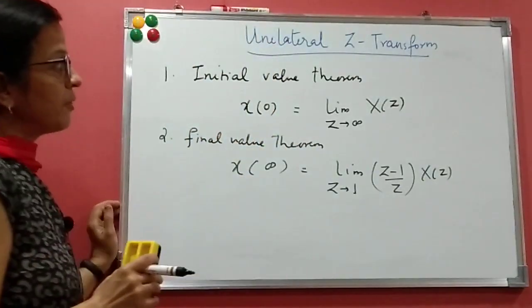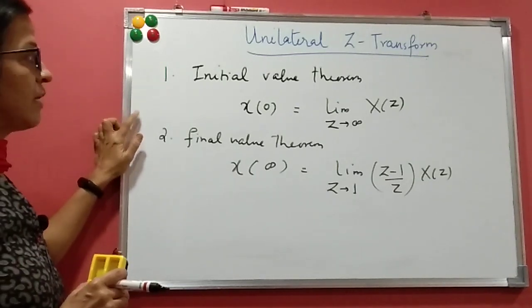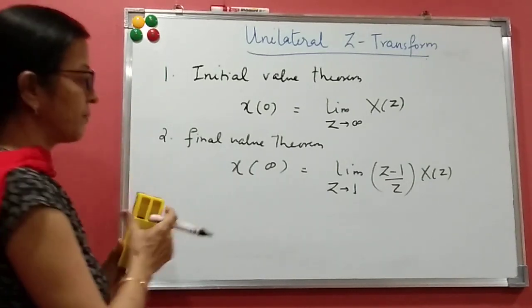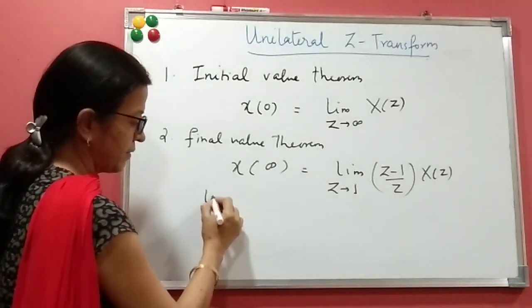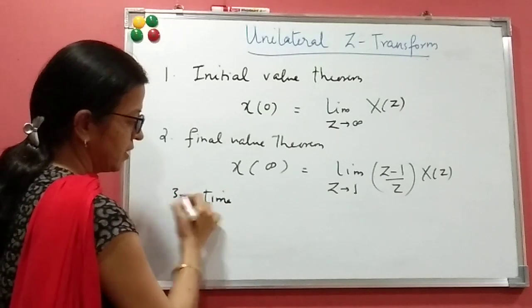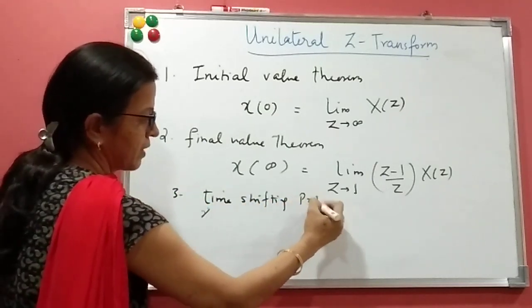So now how many properties are different in unilateral Z transform? Different means extra properties: the initial value theorem, the final value theorem, and the time shifting property, which we have already learned.